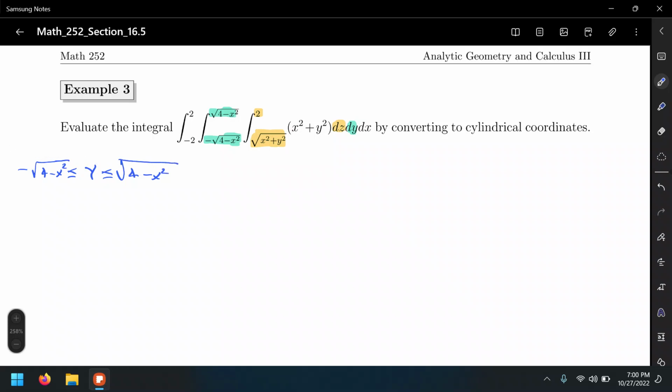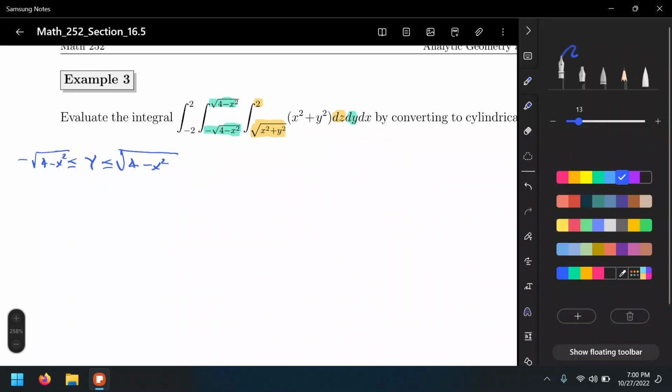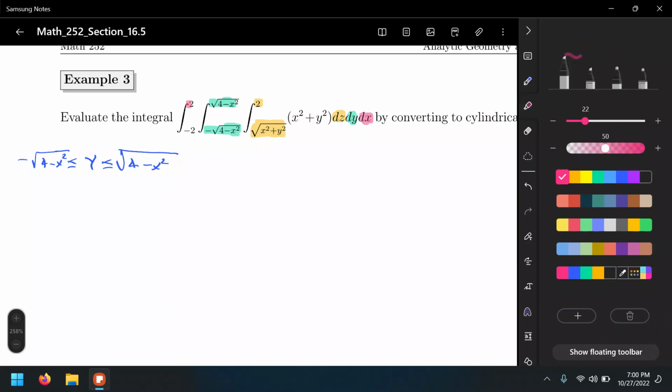And this outermost integral is telling us that x varies between negative 2 and 2.